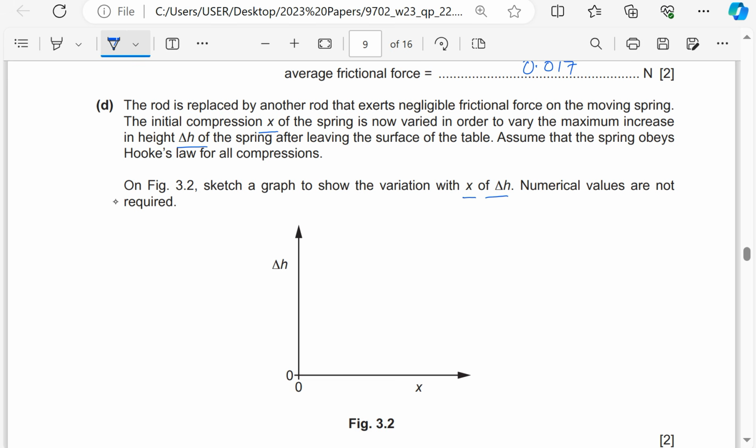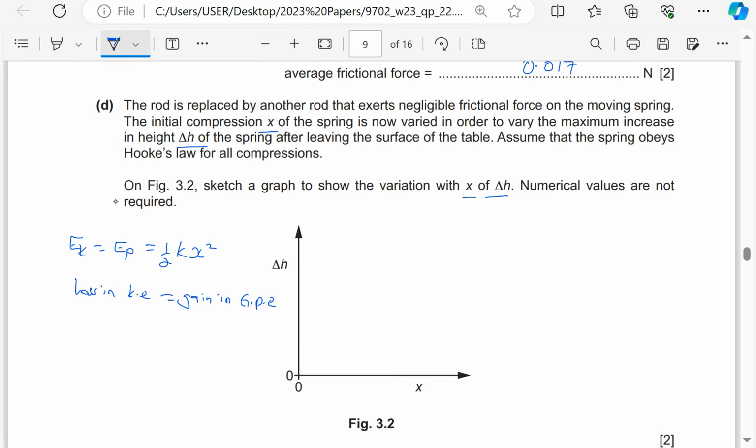Okay, so since it is the elastic potential energy which is converted into kinetic energy, and you know elastic potential energy is a half kx squared. They are saying there is no friction. It means all this becomes gravitational potential energy.